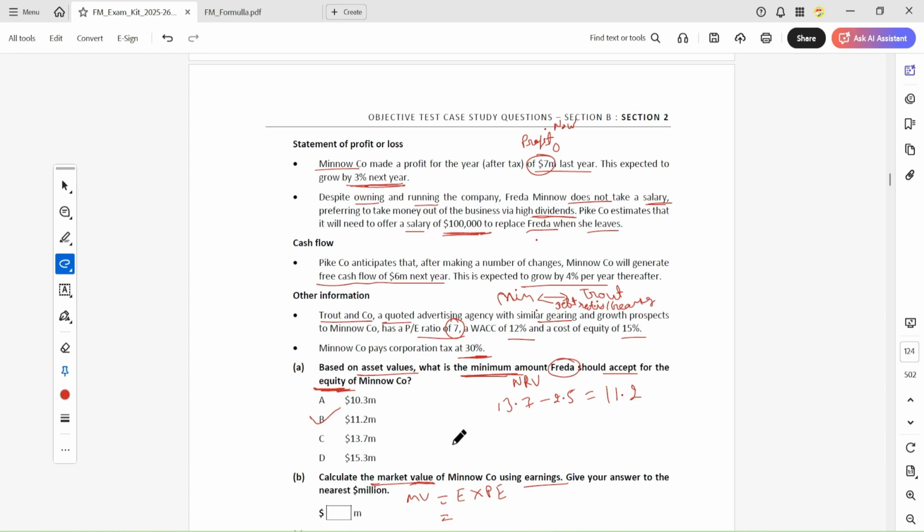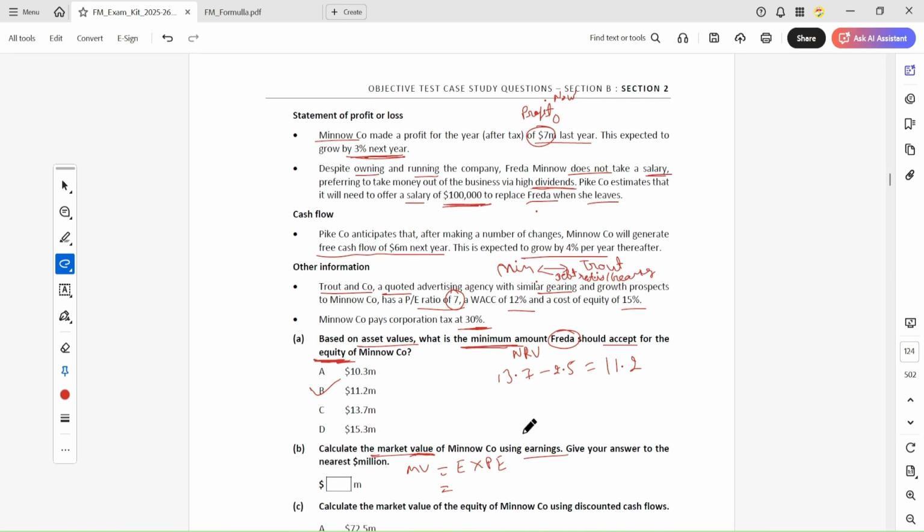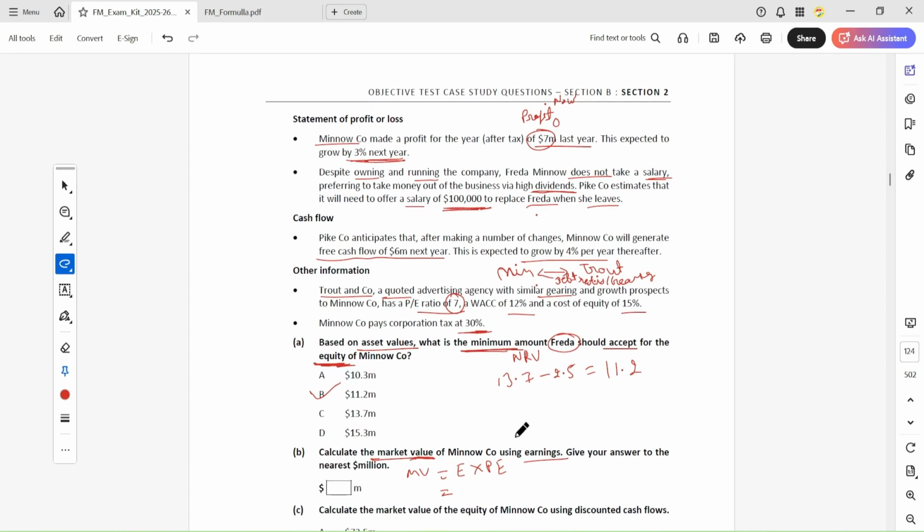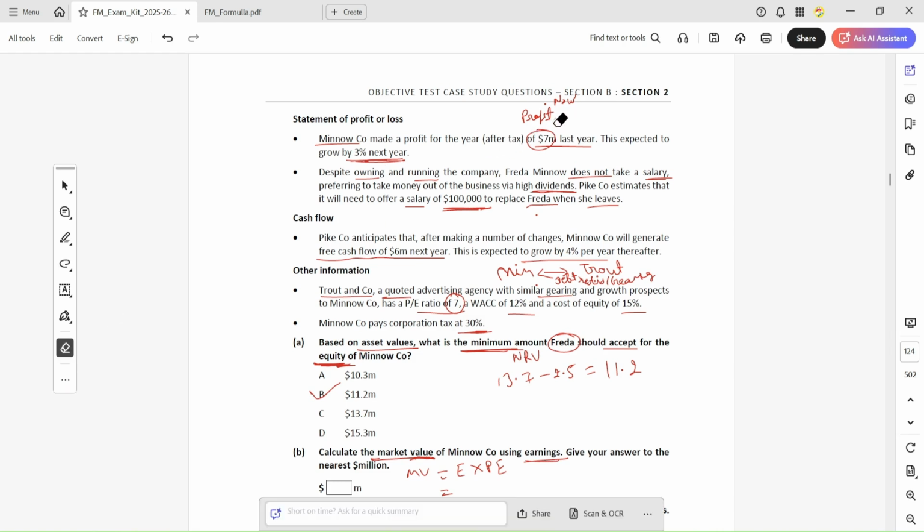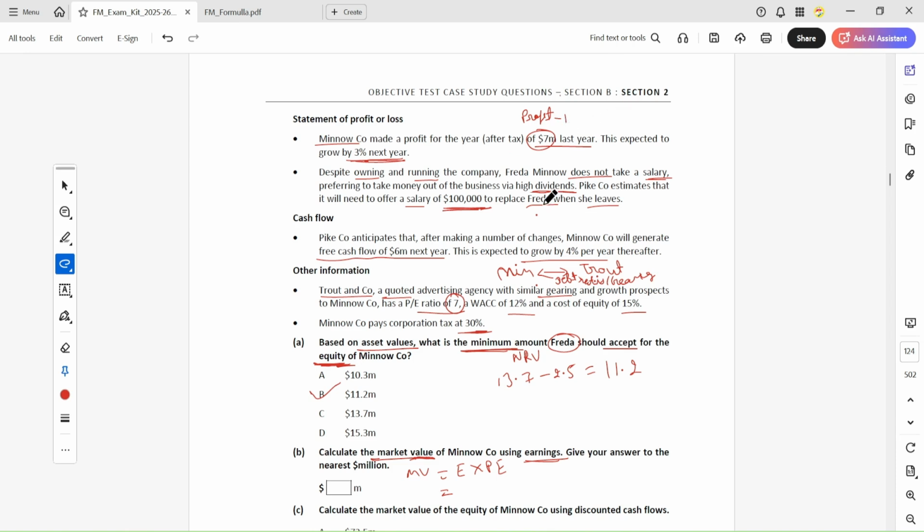We need to calculate the value based on the earnings method. We have been given the earnings, which is last year's profit, so we have to increase it for the current year: 1.03.